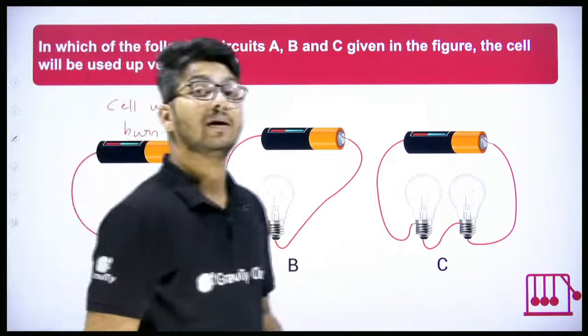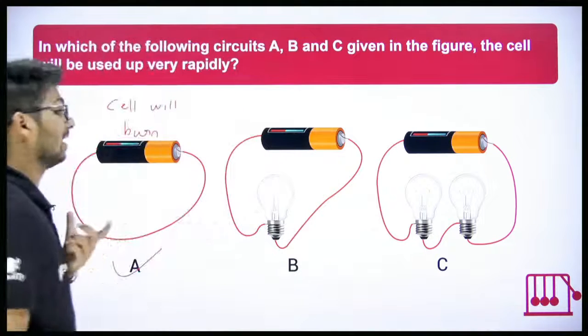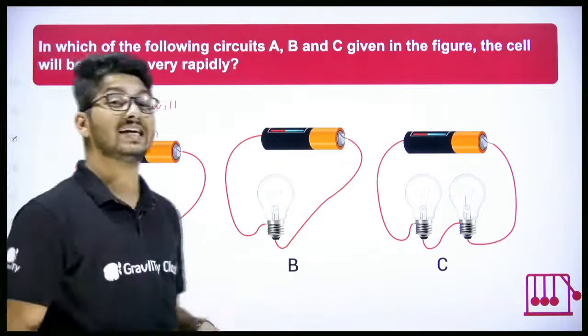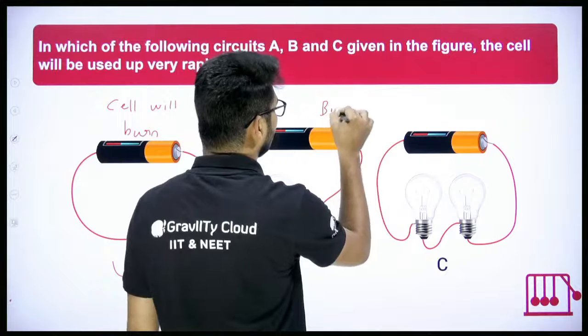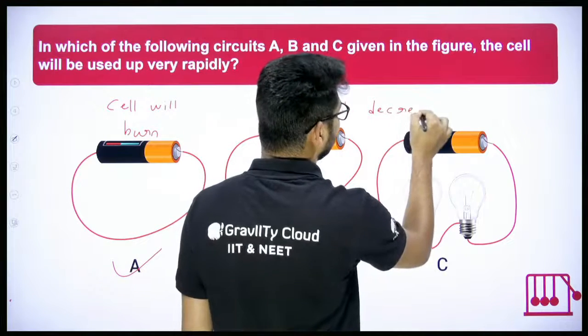That means the cell is used up rapidly, very fast. In fact, what do bulbs do? Bulbs decrease the current.